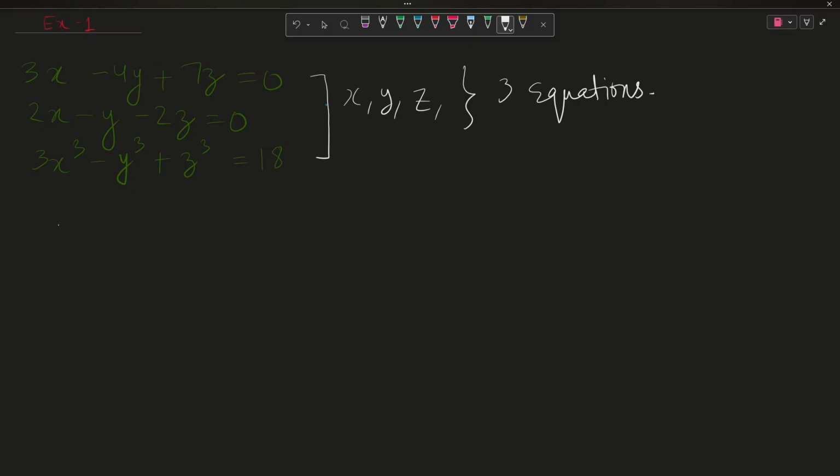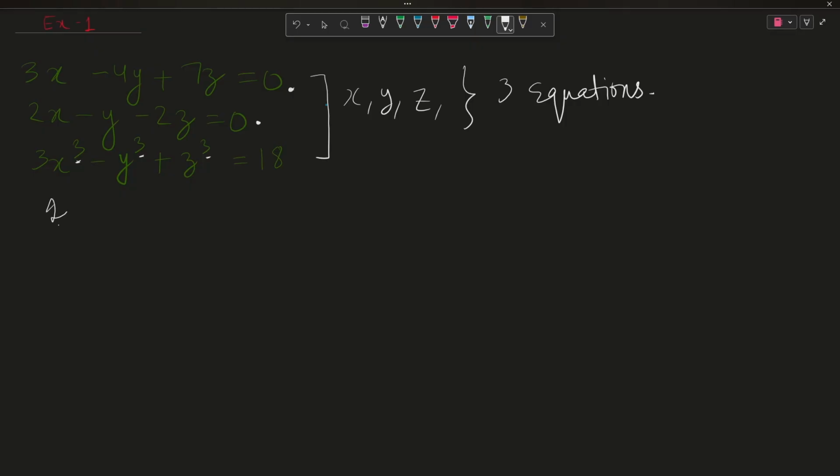But there is one little problem. In the third equation, we have a higher degree, not the normal degree of 1. In the above two equations we have a highest degree of 1, but in the third equation we have the highest degree of 3. So it will not be easy for us to calculate the values of x, y, and z.